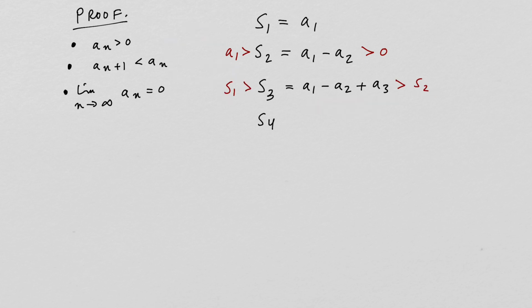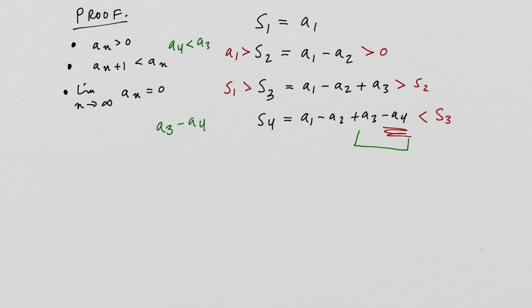The fourth partial sum is like this. Now we have subtracted something from the third partial sum, so we obtain something less than the third partial sum. And let's see about these two numbers here. a4 is less than a3, so a3 minus a4 is some positive number.